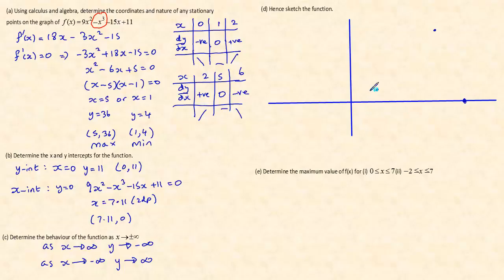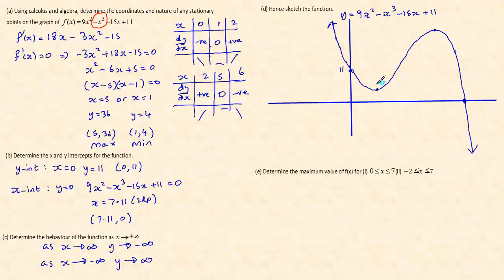And then we have the y-intercept at (0, 11). And as x tends to negative infinity, y tends to infinity. So it's going to come down like this. It's going to take its minimum here, come up, take the maximum up here, and then come down through this intercept like so. So this is y is equal to 9x squared minus x cubed minus 15x plus 11.